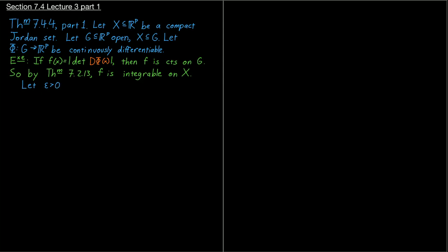If epsilon is a positive number, then there is a rectangular cover P of X such that the upper Darboux sum of 1 over P is less than or equal to the integral of f, I'll write it out one more time, plus our small error epsilon.